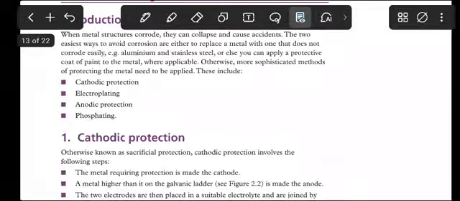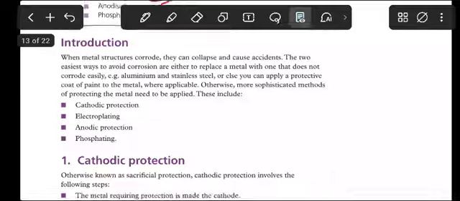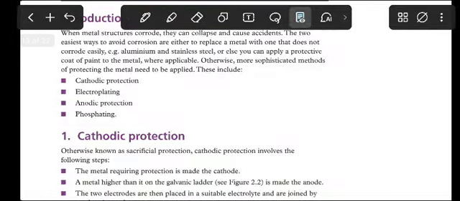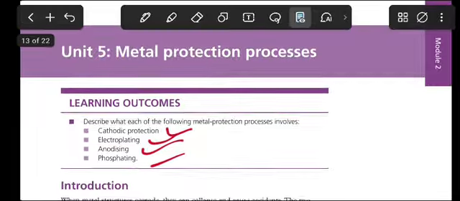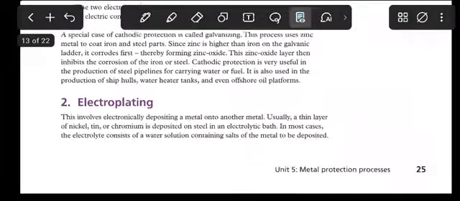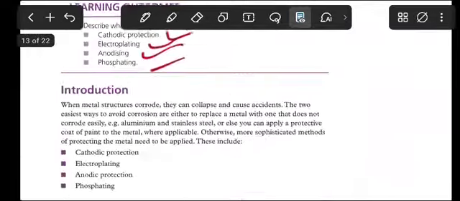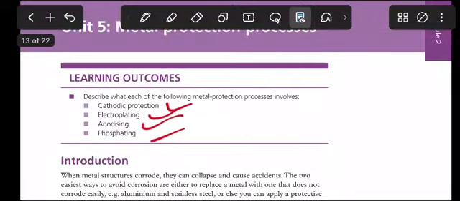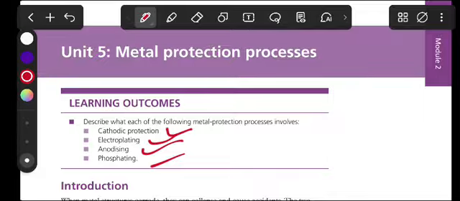Okay, let's first, number 1. You must know these types, guys. We have all these ones. Remember, these are metal processing. If you have the metal processing there, they'll ask you this thing, guys. Types of metal processing, or describe the following metal protection. Why I'm saying type of metal, they will ask you to name the type of metal protection process.